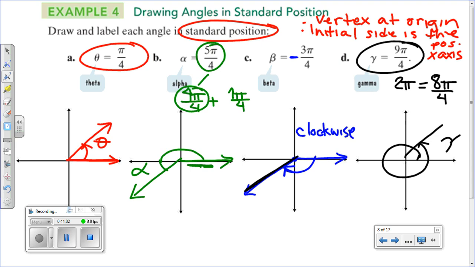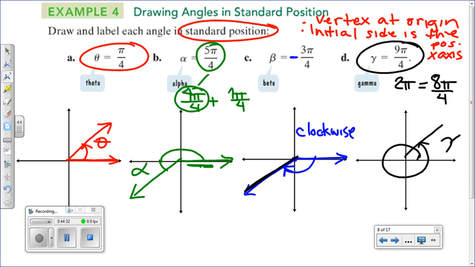Okay, and then Jeremy. Actually, Jerry, you answer this question. What can you tell me about angle theta and gamma? The one in red and the one in black. Go ahead. We have the same... Yes.